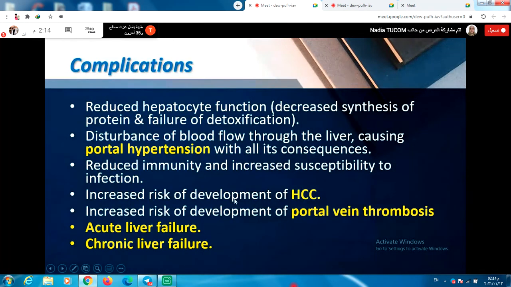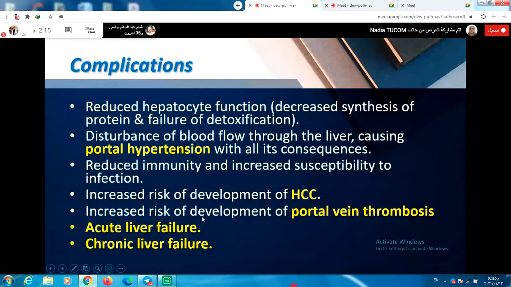There is an increased risk of development of hepatocellular carcinoma, due to the uncontrolled cycle of hepatocellular regeneration, damage and repair, and an increased risk of development of portal vein thrombosis.